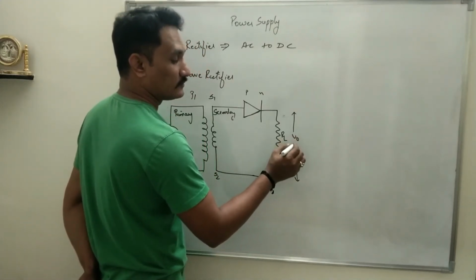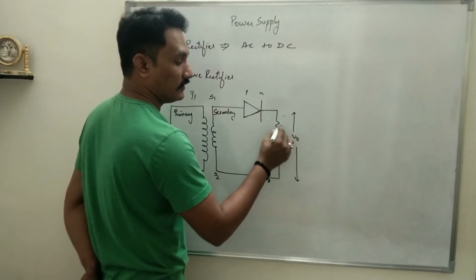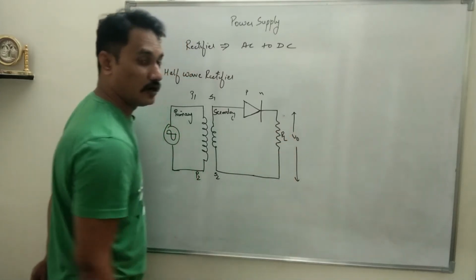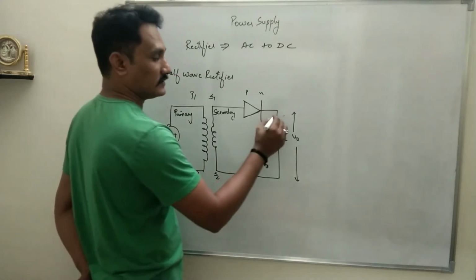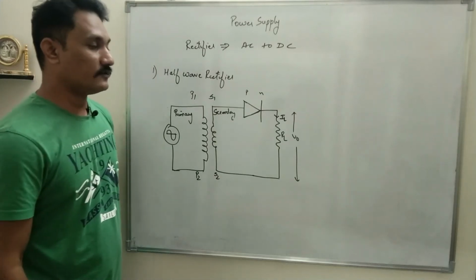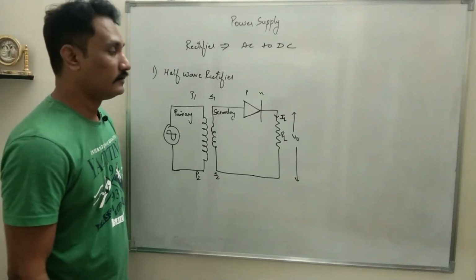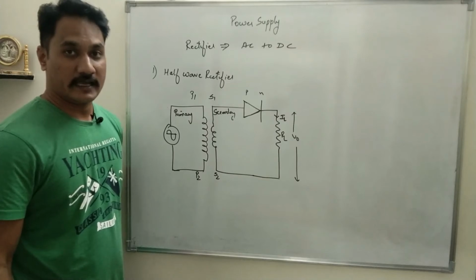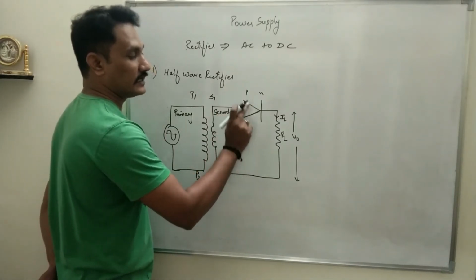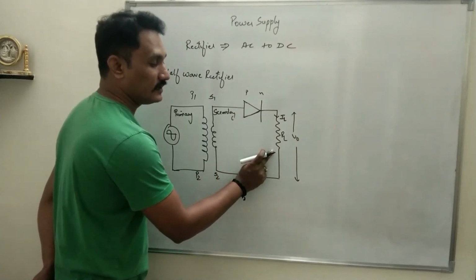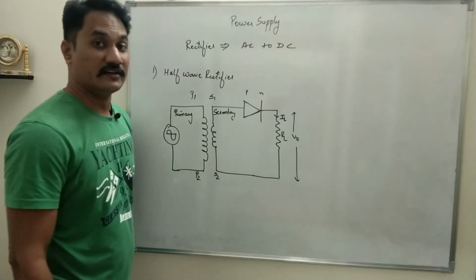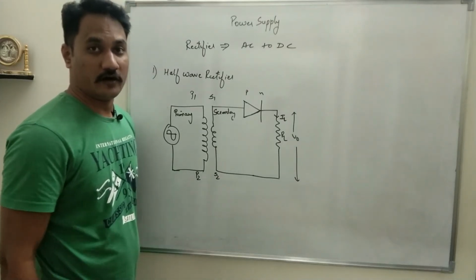Whenever we take output voltage across any resistance, we call it the load resistance. The current flowing through that resistance will be the load current, which we specify as IL. So in a half wave rectifier, only one PN junction is used and it is connected in series with the load resistance.